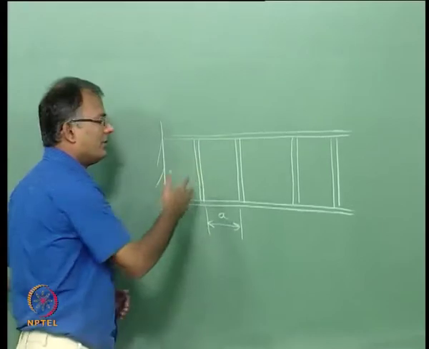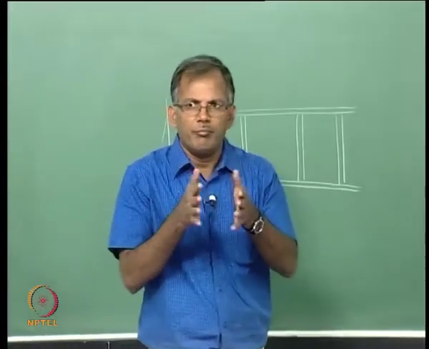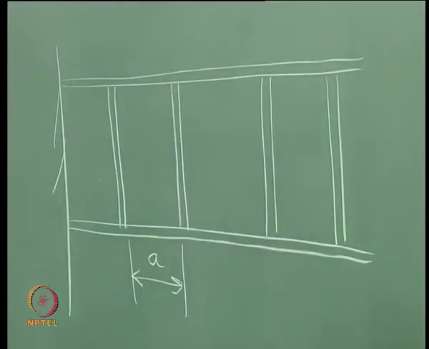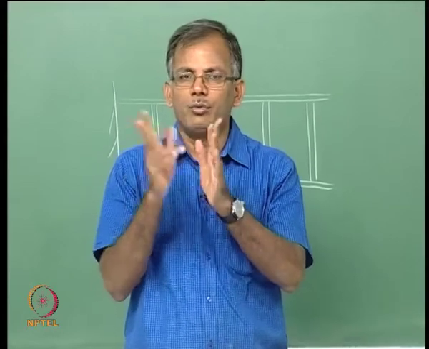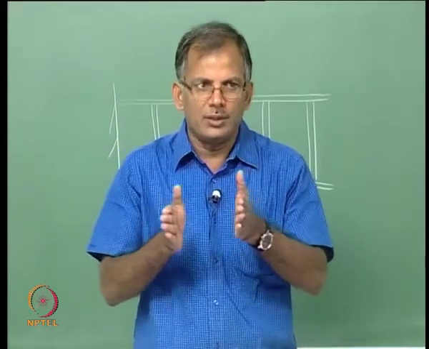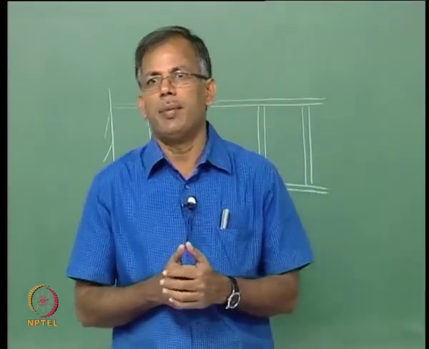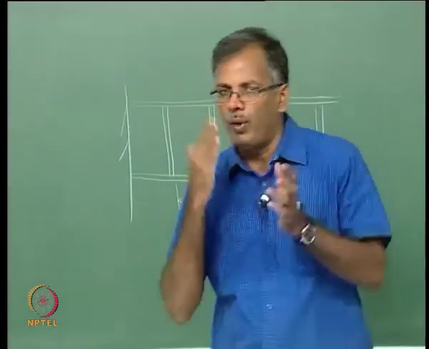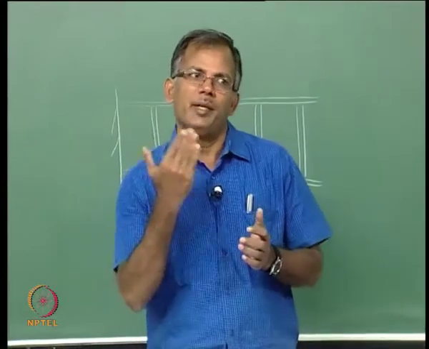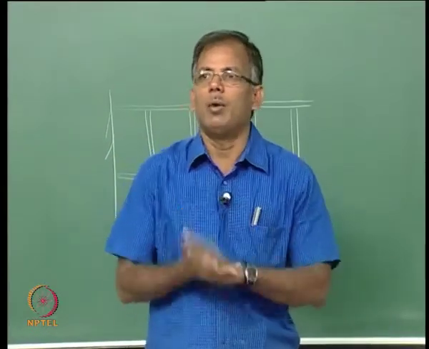So what it means is we made the web too slender, that means the thickness is too small. So we have two choices: either increase the thickness of the web to make it strong enough so that buckling does not happen, or we provide so many perpendicular stiffeners that the web will not wobble around.